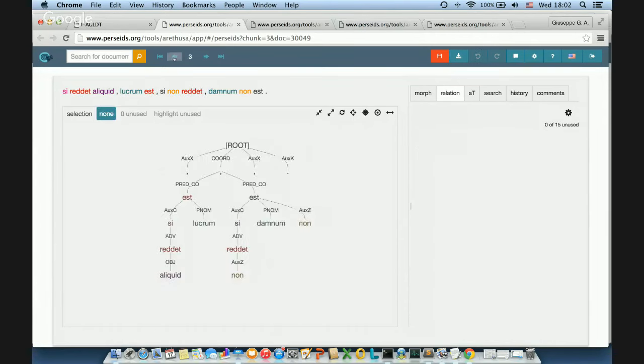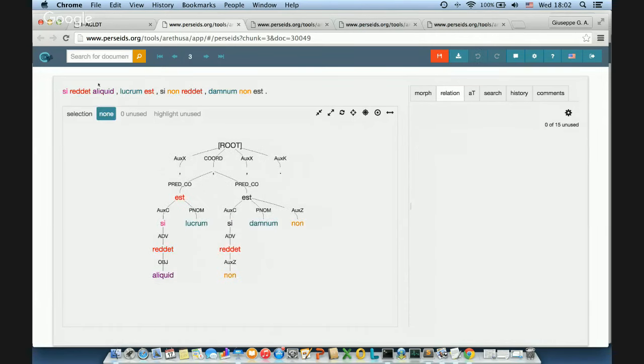Sometimes mistakes of this kind cannot really affect the general meaning, and this is why sometimes people can perfectly translate something even if they have not really understood everything about the morphosyntactic analysis of a sentence. But the point is, sometimes these kinds of distinctions really affect the interpretation that you can give to a sentence.